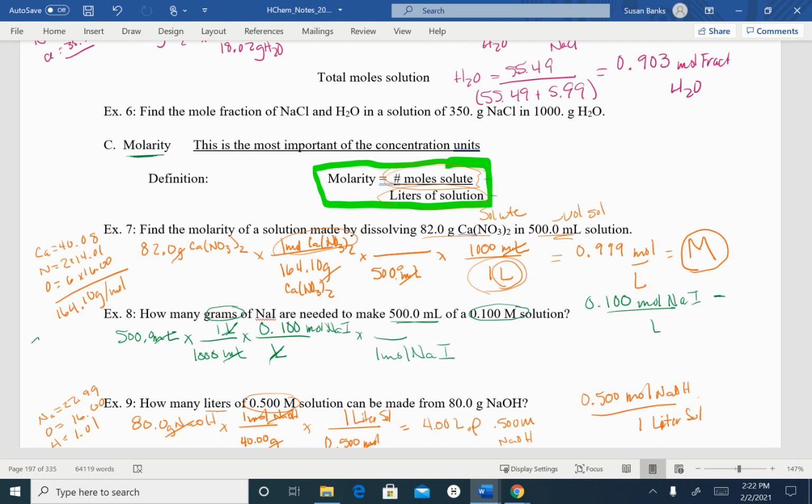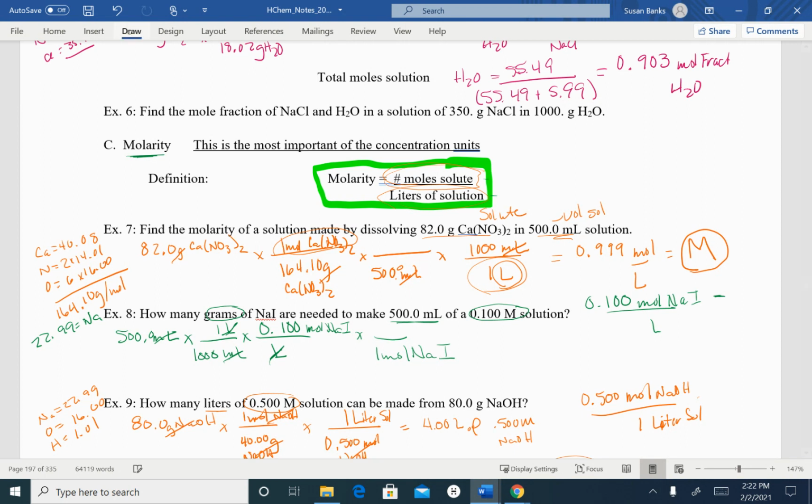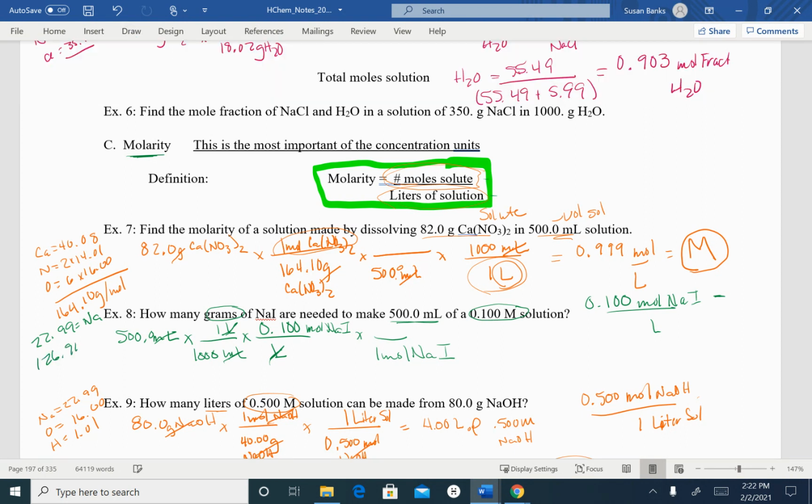So let's make a note of this: 22.99 for my sodium and 126.90 for my iodide.